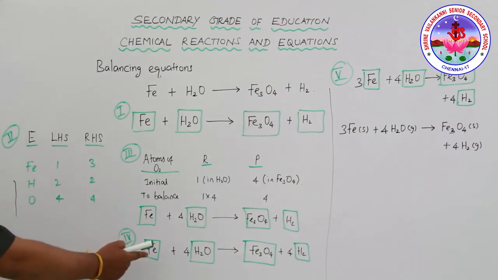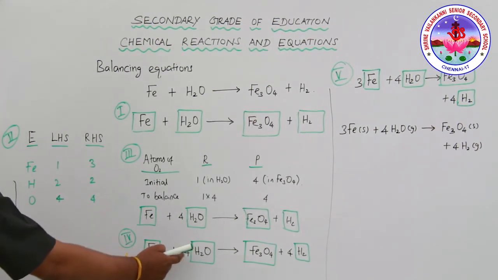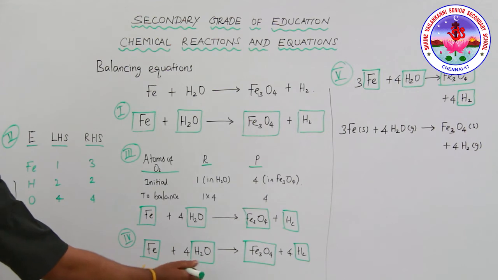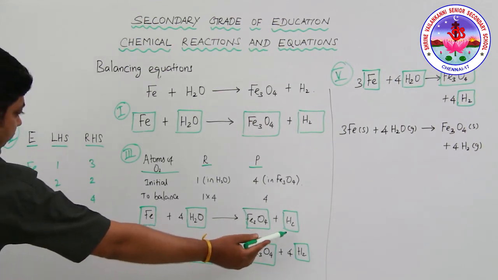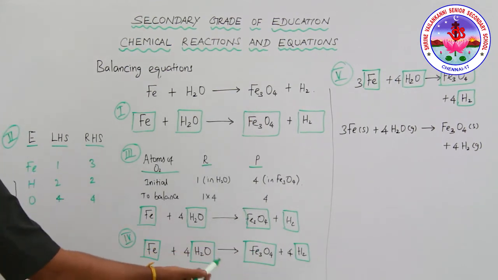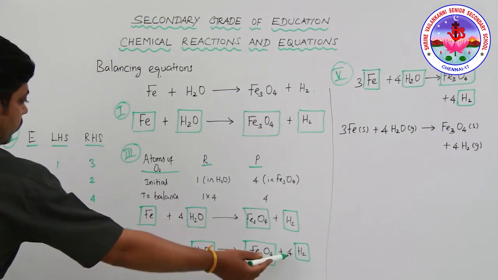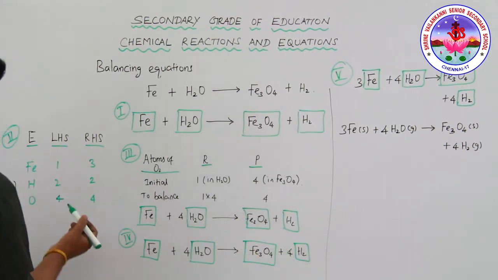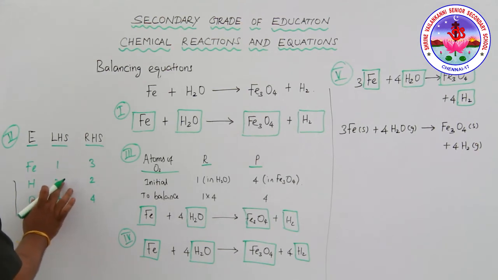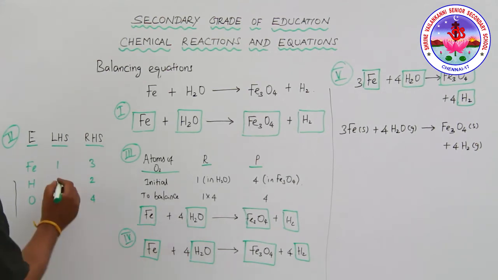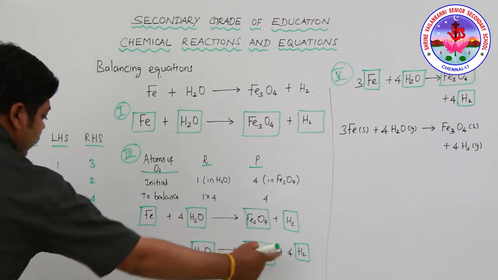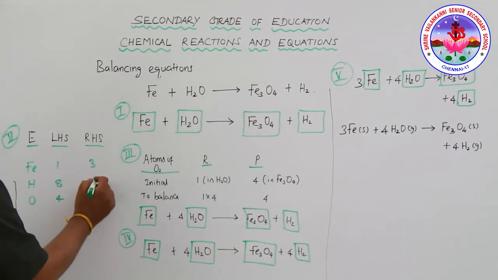Here hydrogen is 8 in the left hand side, and the right hand side is 2. So multiplying the hydrogen by 4, you will get 8 hydrogen in the left hand side. Similarly, the right hand side also 8 hydrogen.